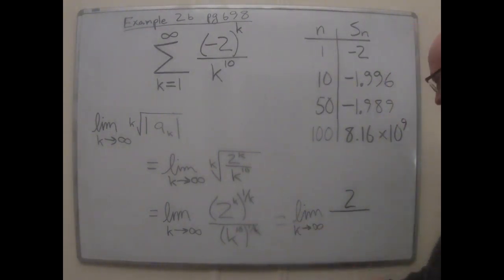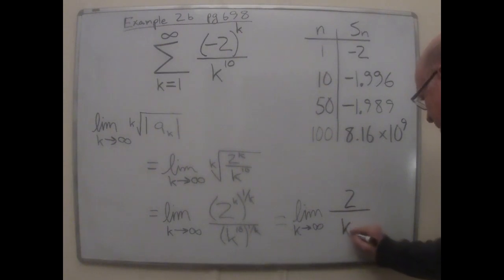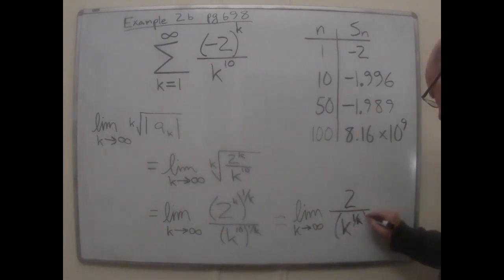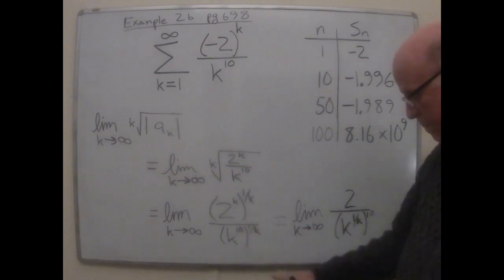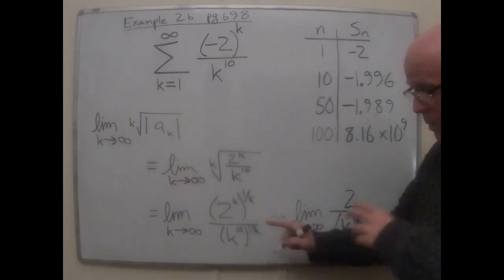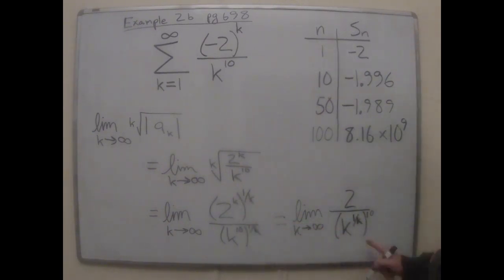Actually, let's do it this way. It's k to the 1 over k raised to the 10th. I'm just commuting the powers, since if you can multiply, you can change the order. We just recently saw what the limiting value of k to the 1 over k is, and that's 1. So this limit is actually 2.